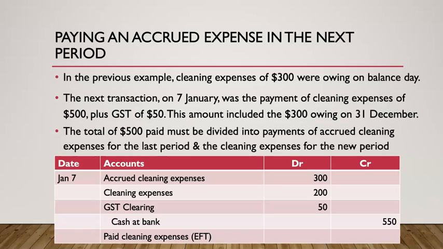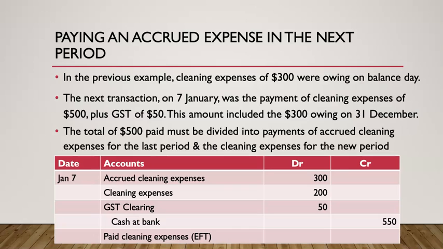So we're going to record this in our debits and credits in our general journal, but we need to be careful. We've already recorded $300 of this as an expense and created a liability. Clearly, after we pay this $500, we don't owe this liability anymore. This has been fixed. So we don't have $500 of cleaning expenses as a debit here. We only have $200. $300 of this reduces our current liability of accrued cleaning expenses.